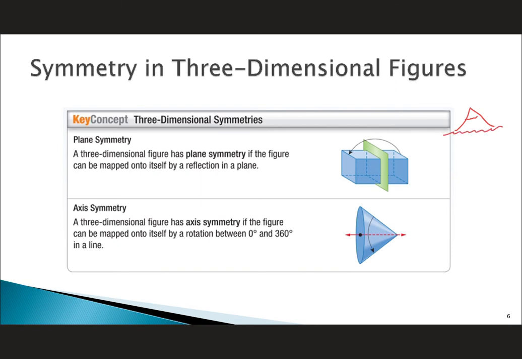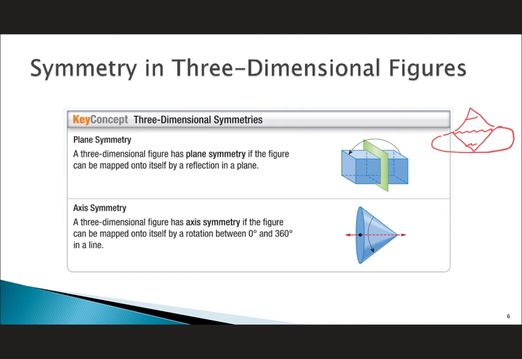And there's the water. We got a lake down here. Plane symmetry would be very similar to the reflection of the mountain in the water. You have the mountain on top, the lake is the plane, and then the mountain's reflection in the water would be the other side. There are other examples that are coming up. That's just one to give you a visual.